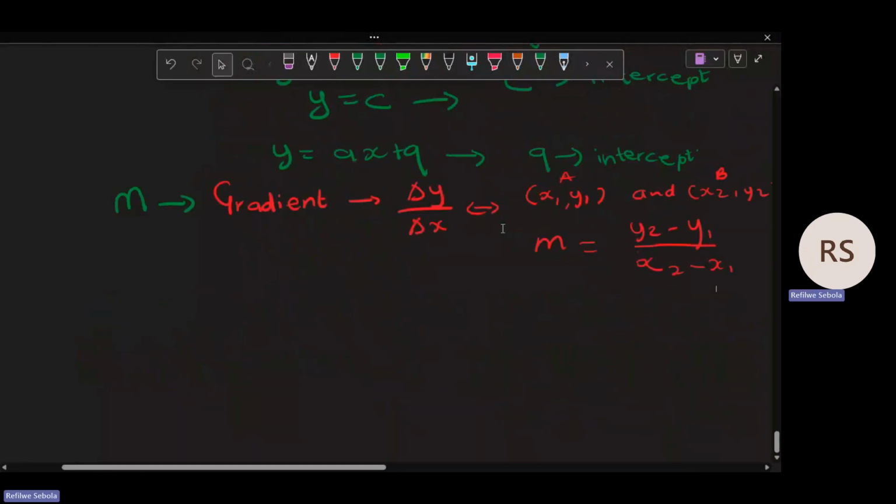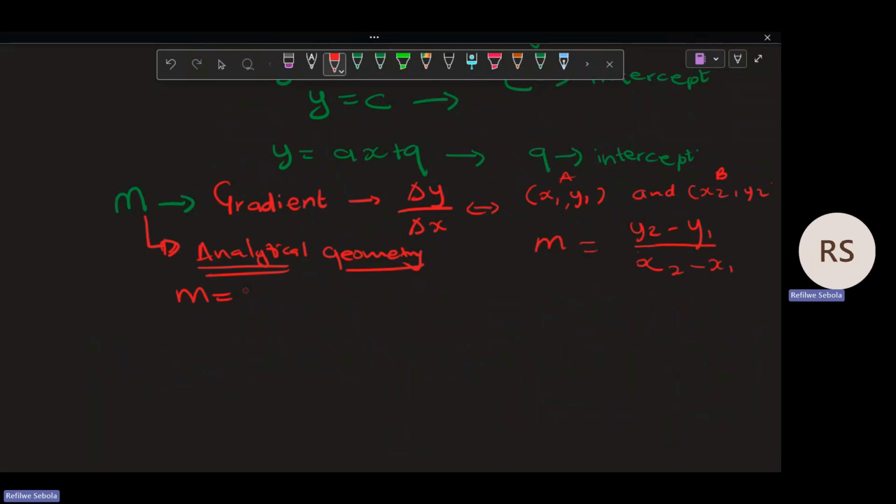And we also know that in another chapter, analytical geometry, which we'll see in the near future, gradient can also be found by the tangent of our angle, something like this.